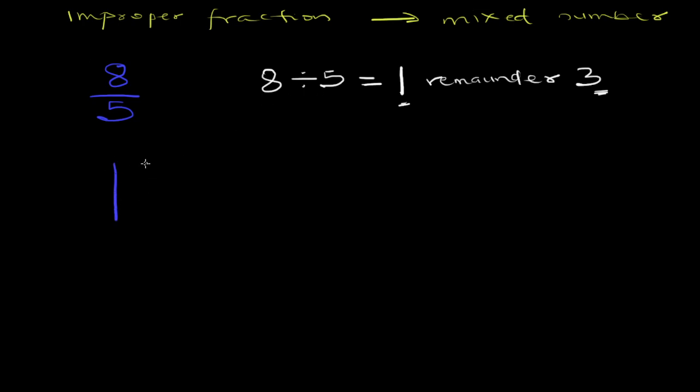What is the remainder? 3. And then the denominator always will not change. So we maintain it. So when we divide this 8 by the 5, whatever we get becomes our whole number here. And then the remainder becomes the numerator, and the denominator will not change. It is still going to be the 5.